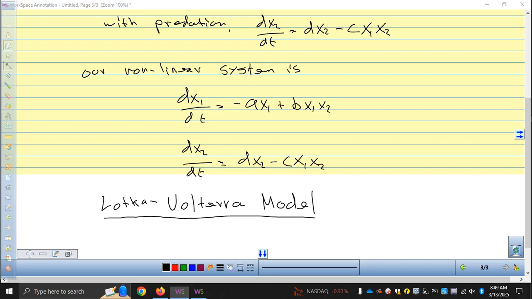Yes? What's the difference between the two equations? What do they represent? So this one, without the interaction term, the population is decreasing. With this one, without the interaction term, the population is increasing. So we expect the predators without prey to decrease because they're not eating.